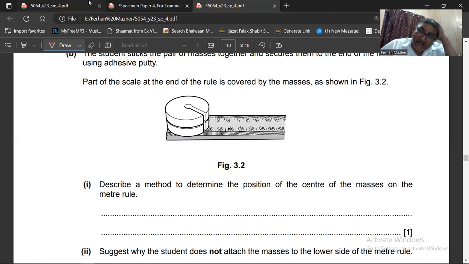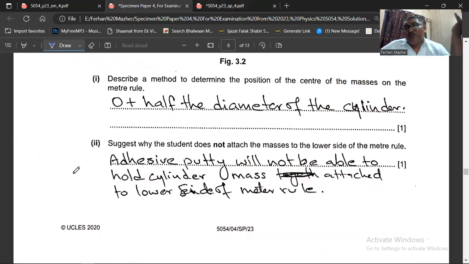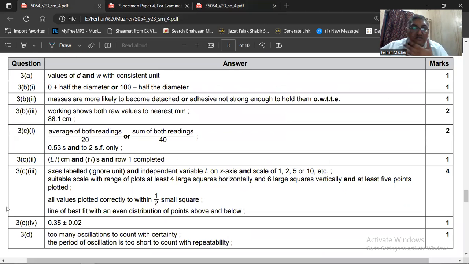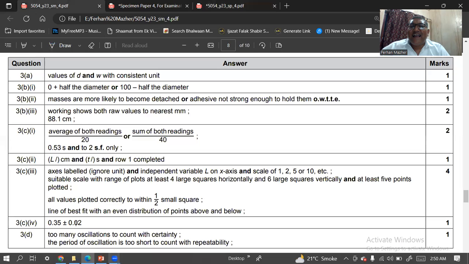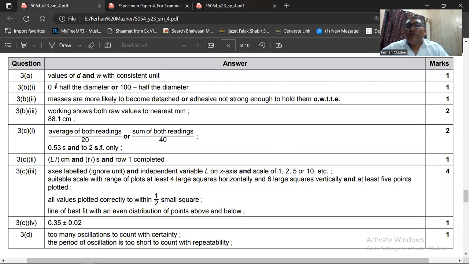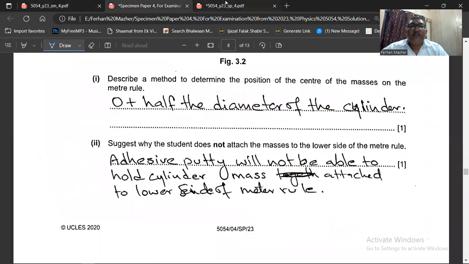So the masses will fall to the ground. Simple. Adhesive putty will not be able to hold the cylinder mass attached to the lower side of the meter rule. So mass will fall down. Masses are more likely to become detached, or adhesive not strong enough to hold them. That is what we have written.